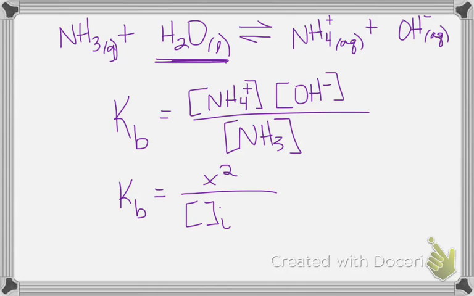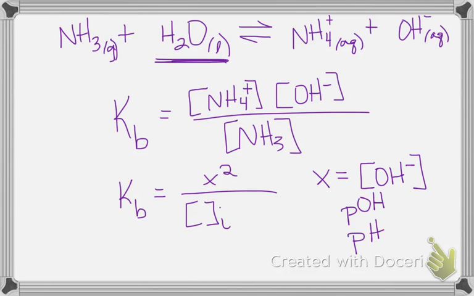Yes, it takes one more step. If x is equal to the hydroxide ion concentration, then the negative log of x gives you the pOH, and then you subtract it from 14 to get the pH. So there's this one little step in here: you've got to get pOH first and then the pH.